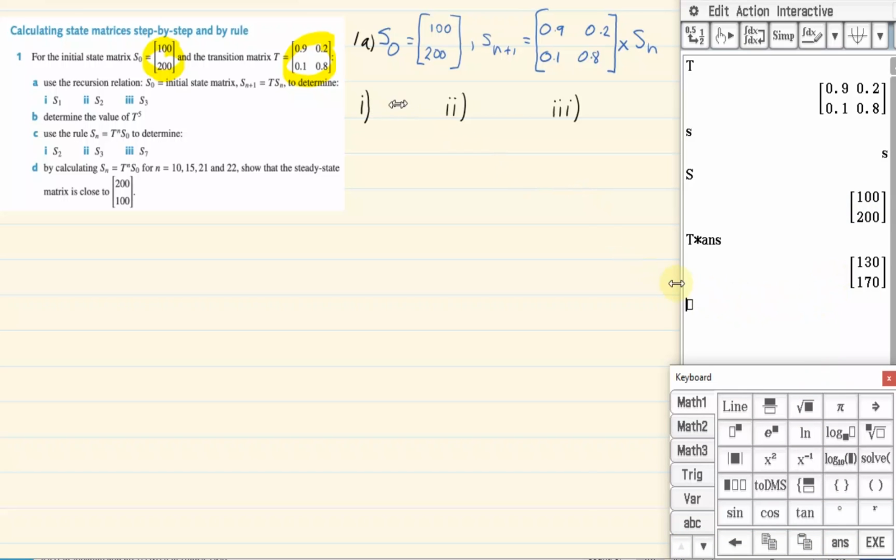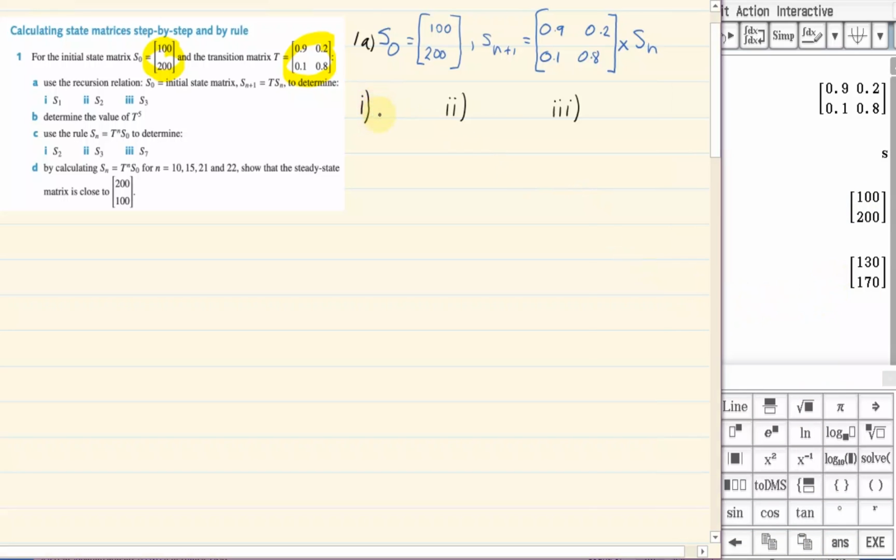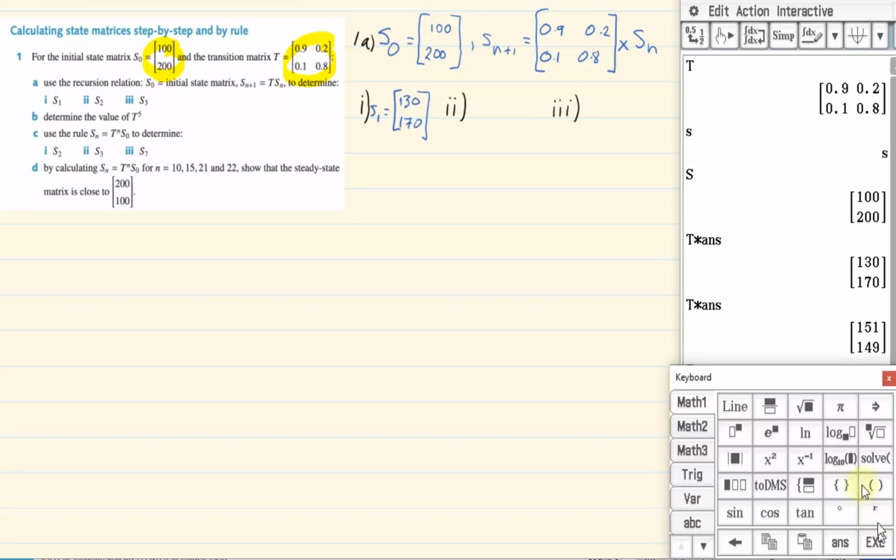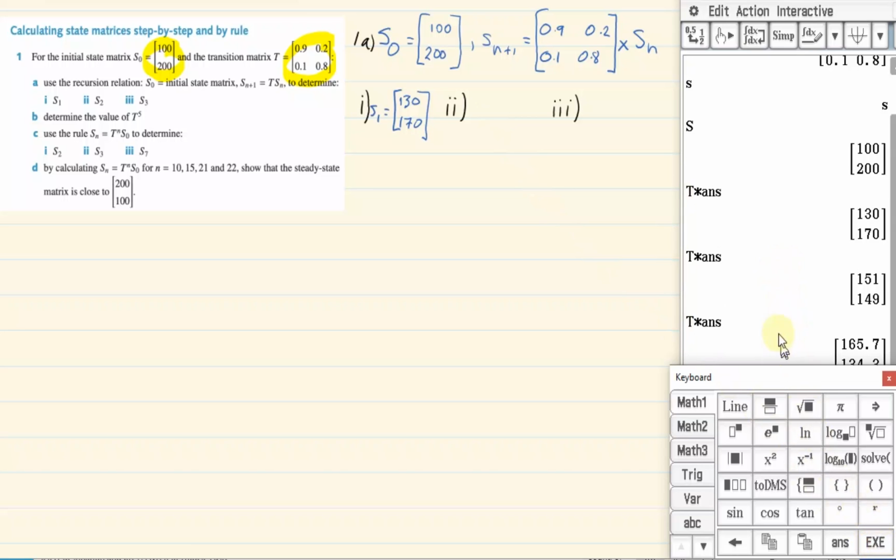So S1 is equal to 130 and 170. Then I can hit equals again, and that gives me S2.